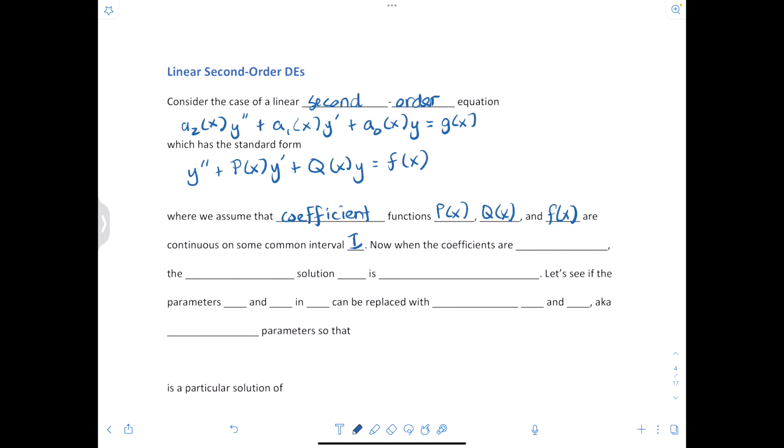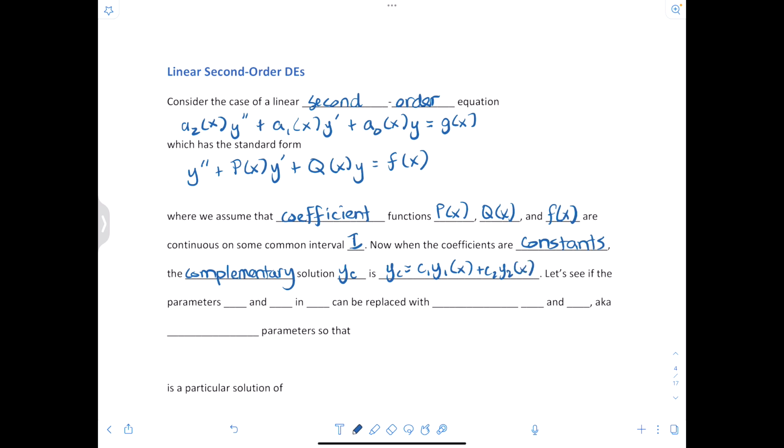Now, when the coefficients are constants, the complementary solution yc equals c1 y1(x) plus c2 y2(x).